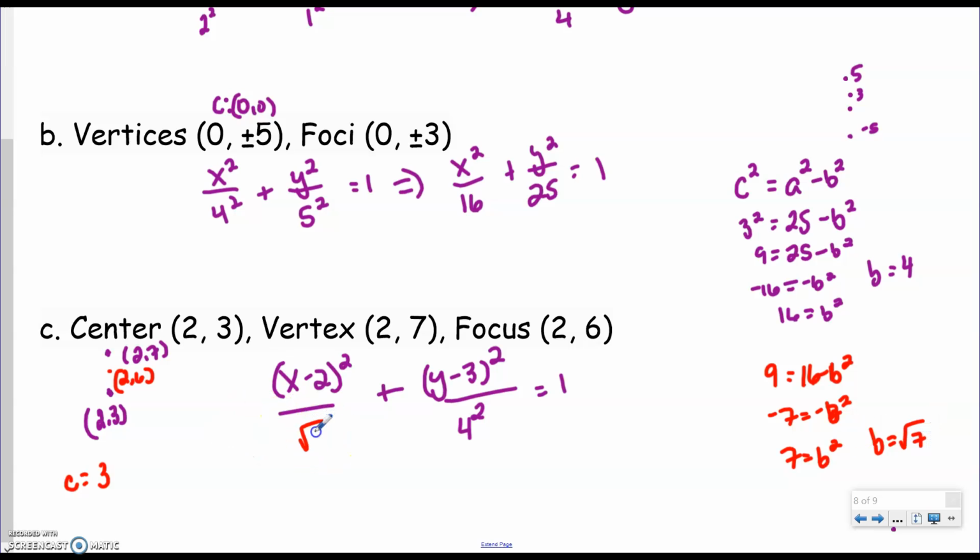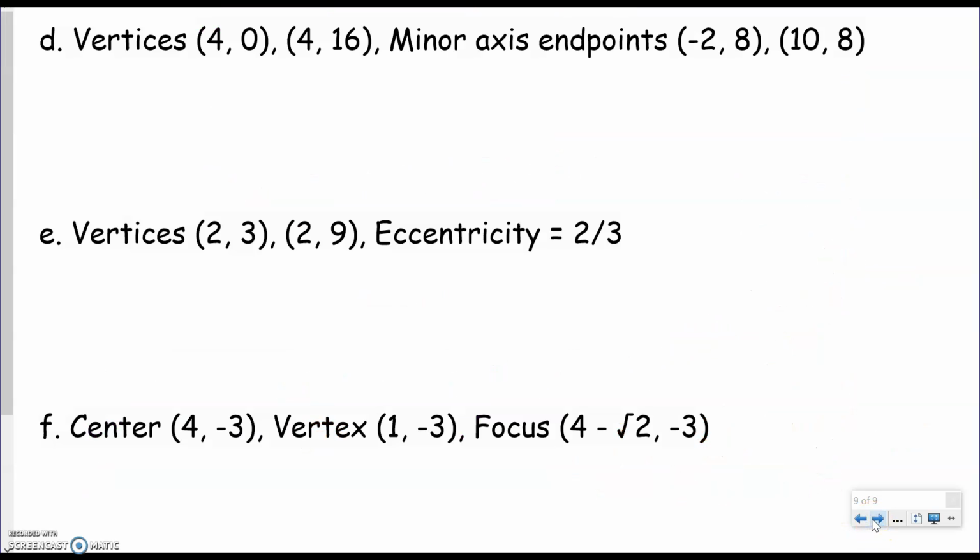So I really have the square root of 7 squared here. So x minus 2, quantity squared, divided by 7, plus y minus 3, quantity squared, over 16 equals 1. Okay, so again, the biggest thing is just knowing your definition and your directions and how that impacts your equation for this. I am going to do D and then get you started with E.